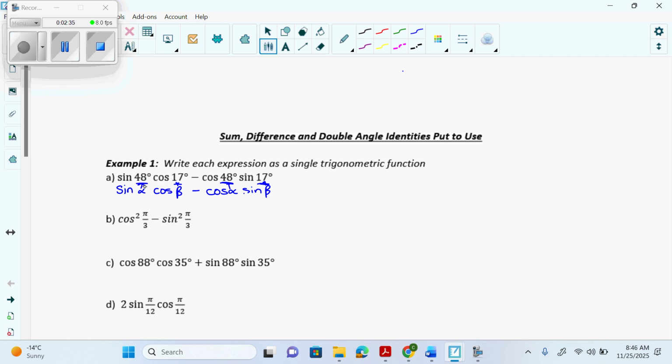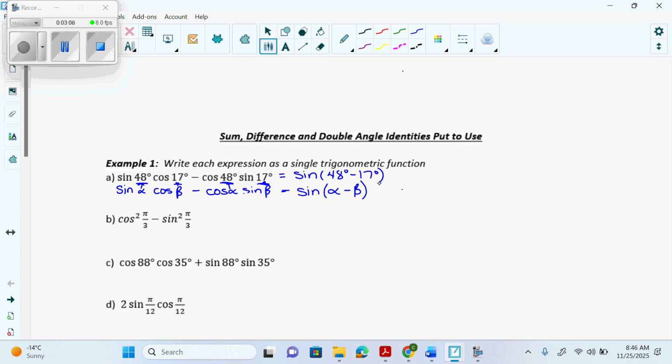So this is the same as sine of alpha minus beta, right? What is alpha in the case of this question? 48 degrees. And what's beta in the case of this question? 17. So here we're going to get sine of 48 degrees minus 17 degrees.